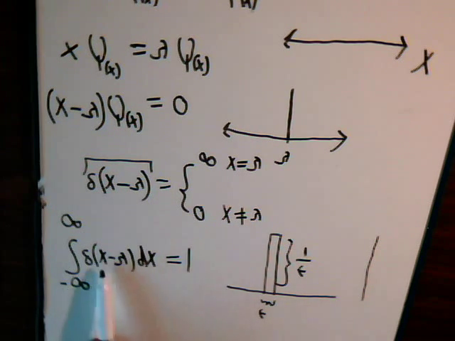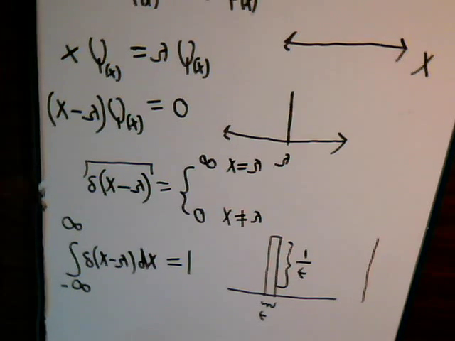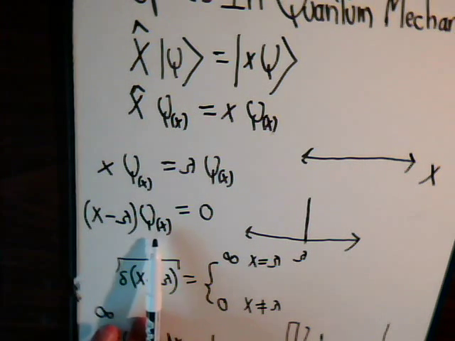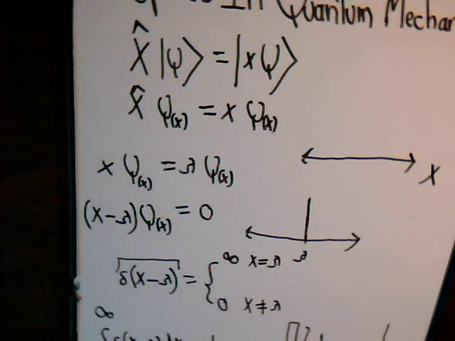This is one of its characteristic properties, and the Dirac delta functions are the eigenfunctions for the position operator, and for the position operator, its eigenvalues take on a whole continuous spectrum.